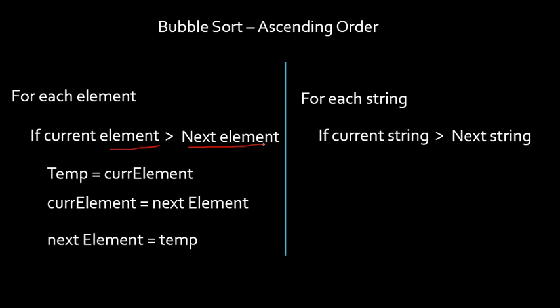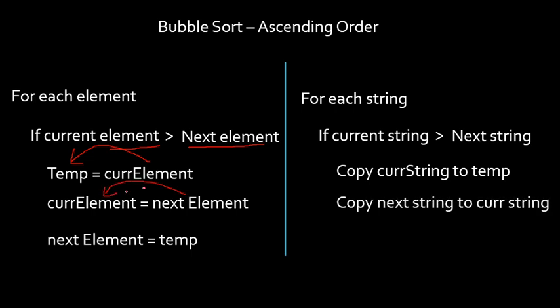For each string, if current string is greater than next string, then copy current string to temp. See, I'm not saying equal to. For integers, you can say equal to. But for string, you have to say copy current to temp. That is what we did. Yes. So copy current to temp. What is the next step? Copy next string to current string. Right.